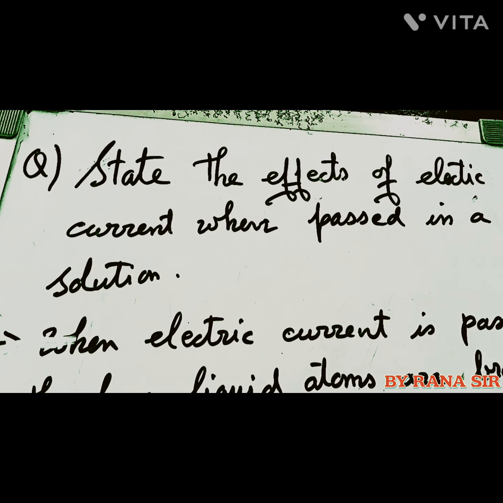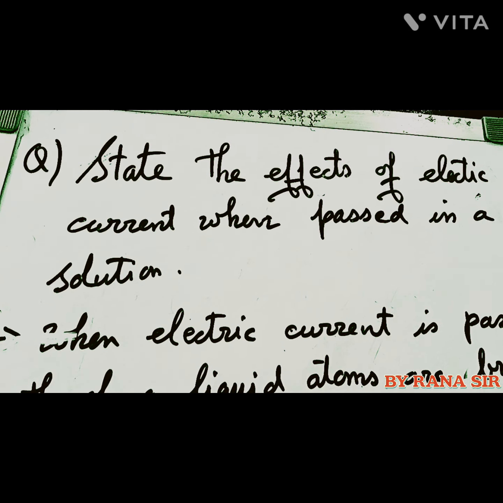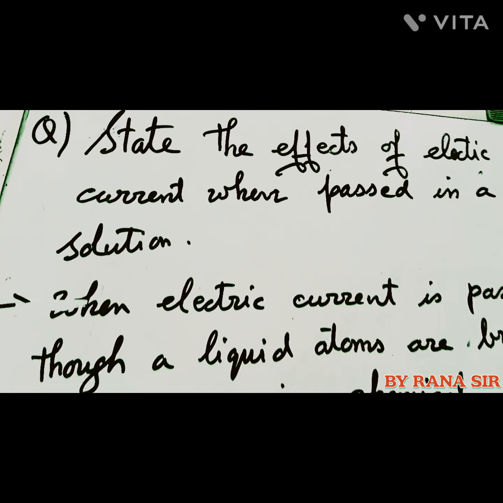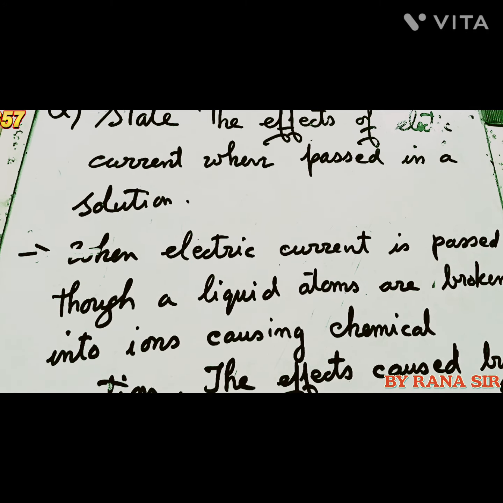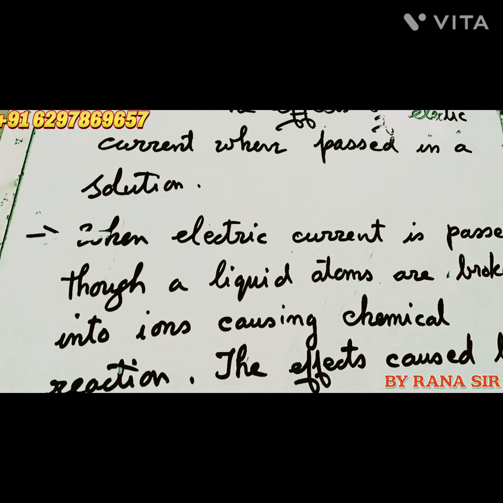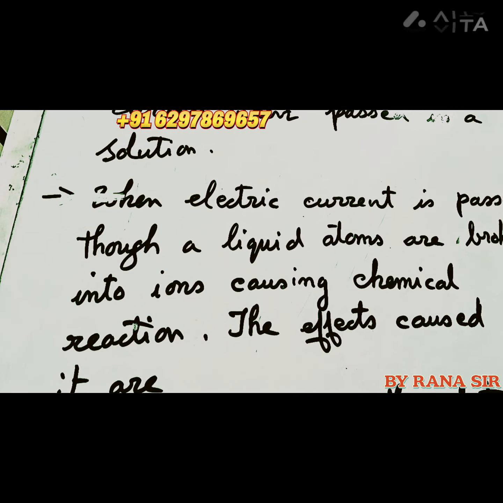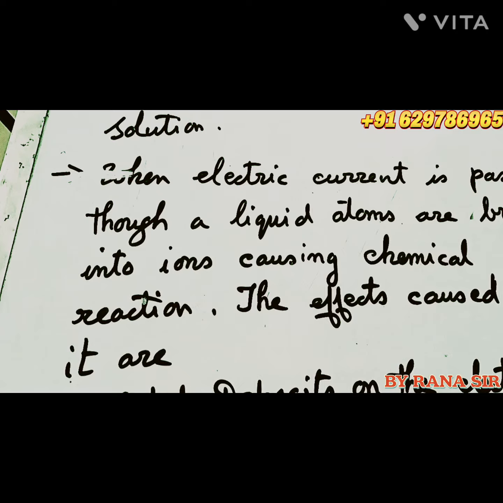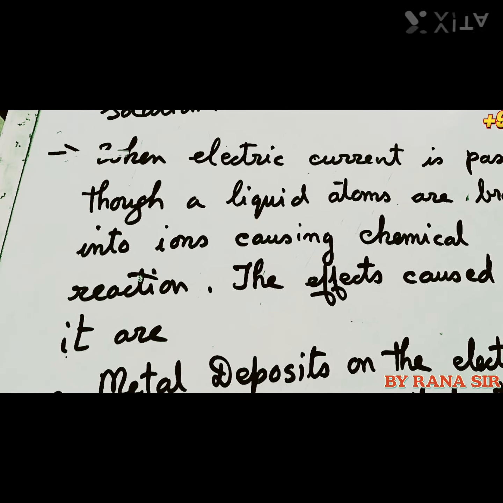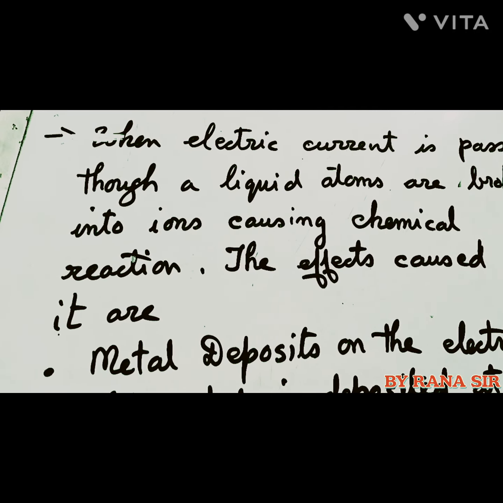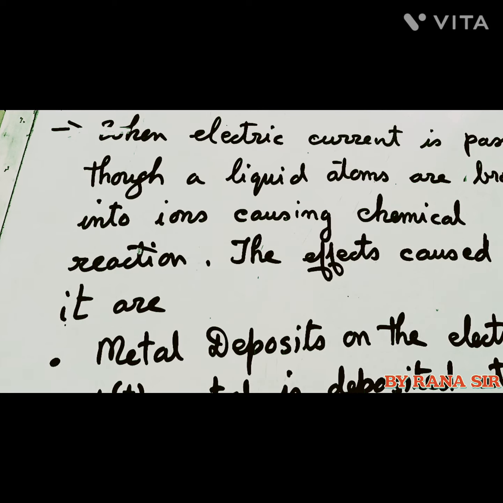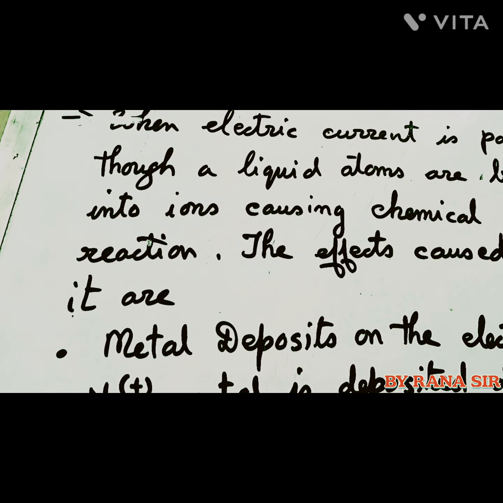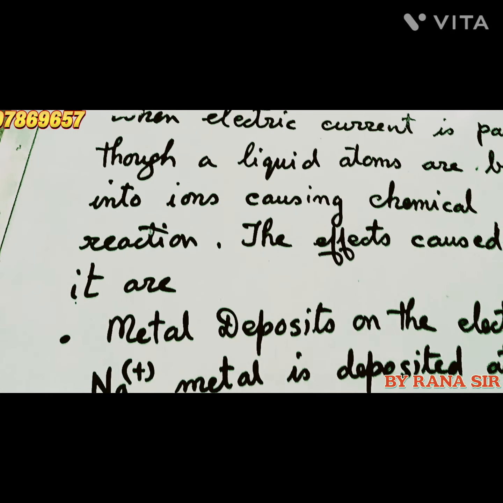Next question: state the effect of electric current when passed in a solution. When electric current is passed through a liquid, atoms get broken into ions, causing a chemical reaction. As we have already discussed, when electricity is passed through NaCl solution, sodium ion and chloride ion are both evolved.